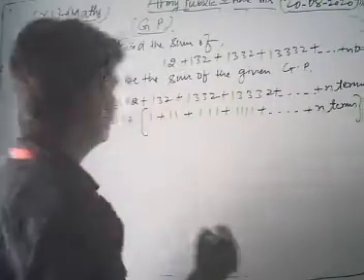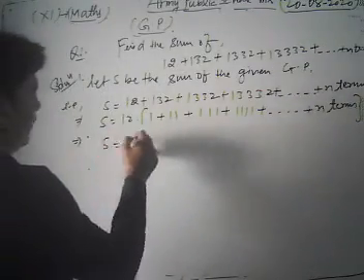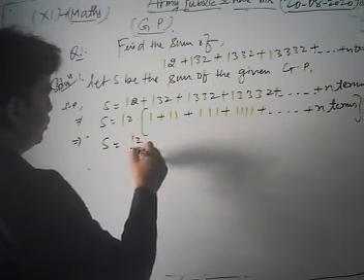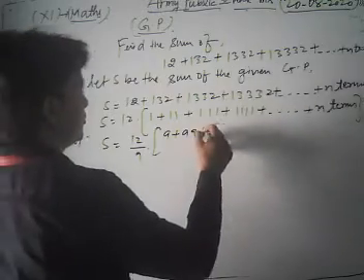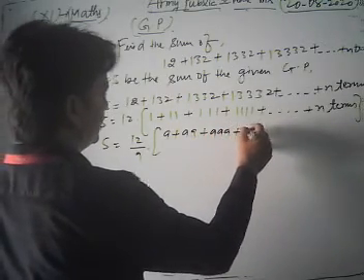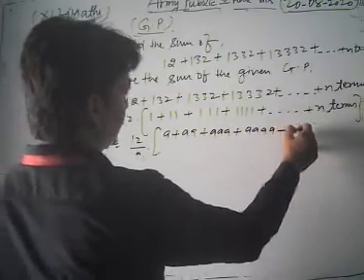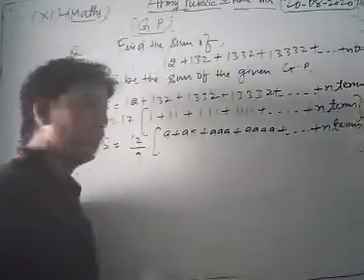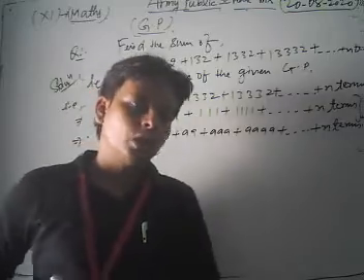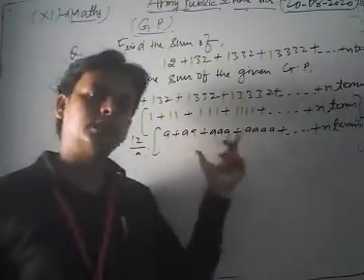Now we take 9 as common, so we write 9 plus 99 plus 999 plus 9999 plus so on up to n terms. Now, dear student, we form the given series in this way.